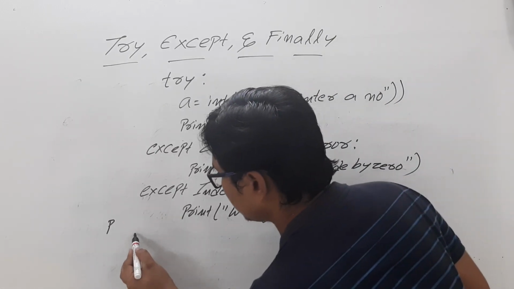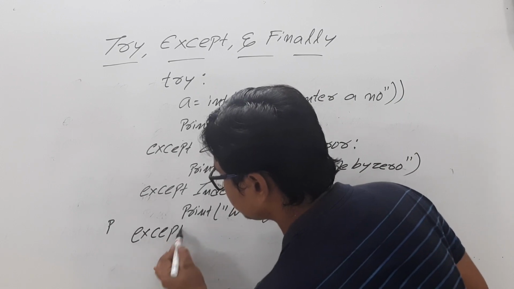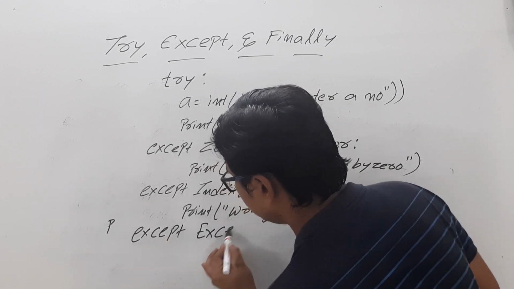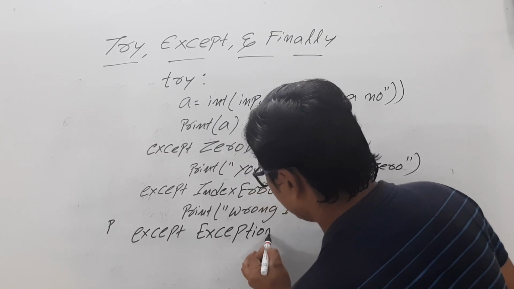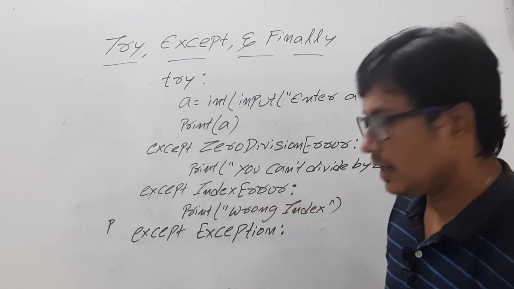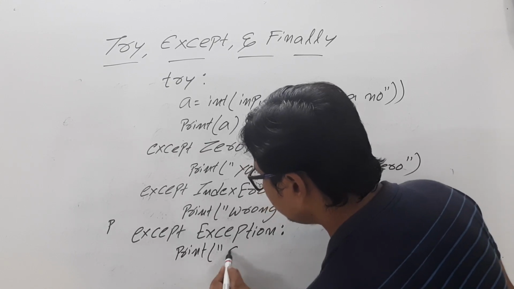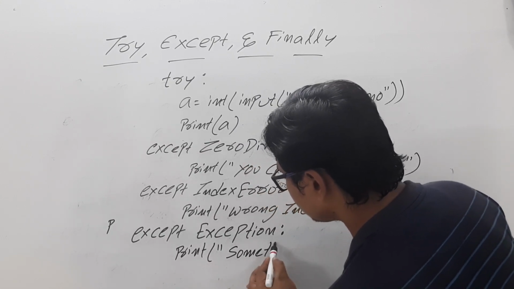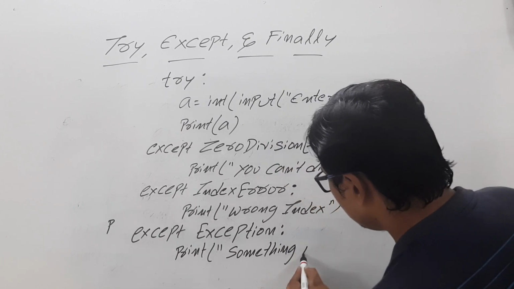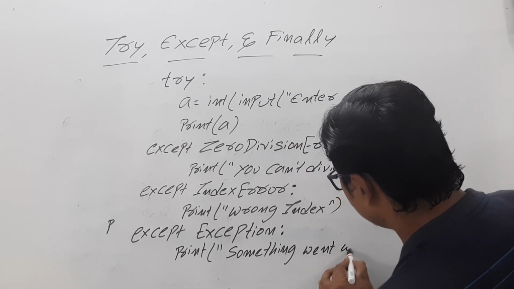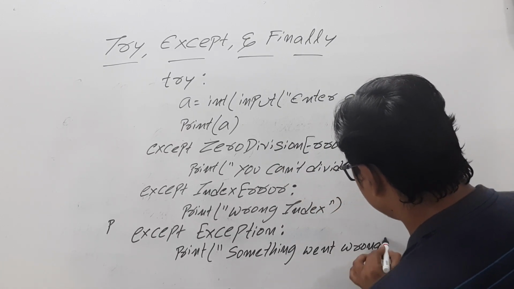Then you can write like this: except Exception. Then you can write the statement print something went wrong, something went wrong in the input, or whatever you want to write.